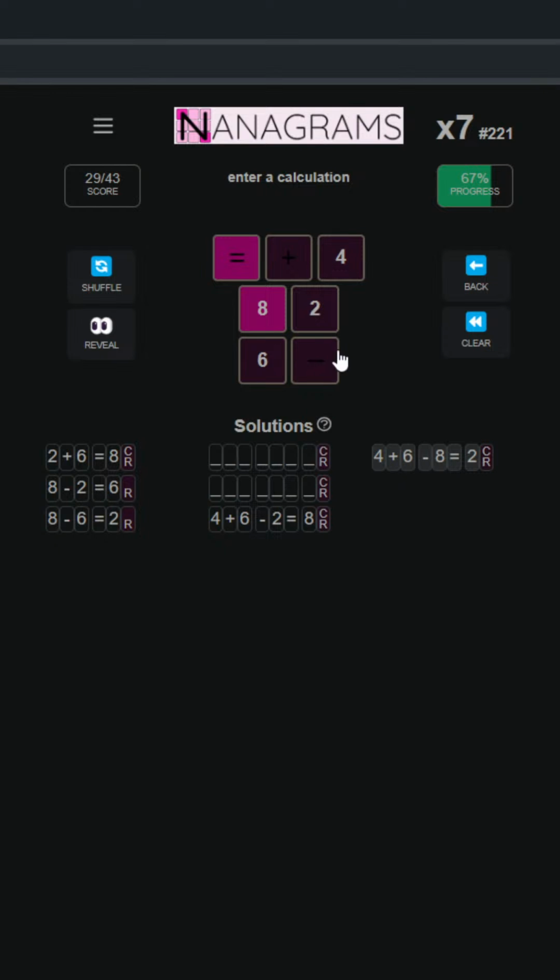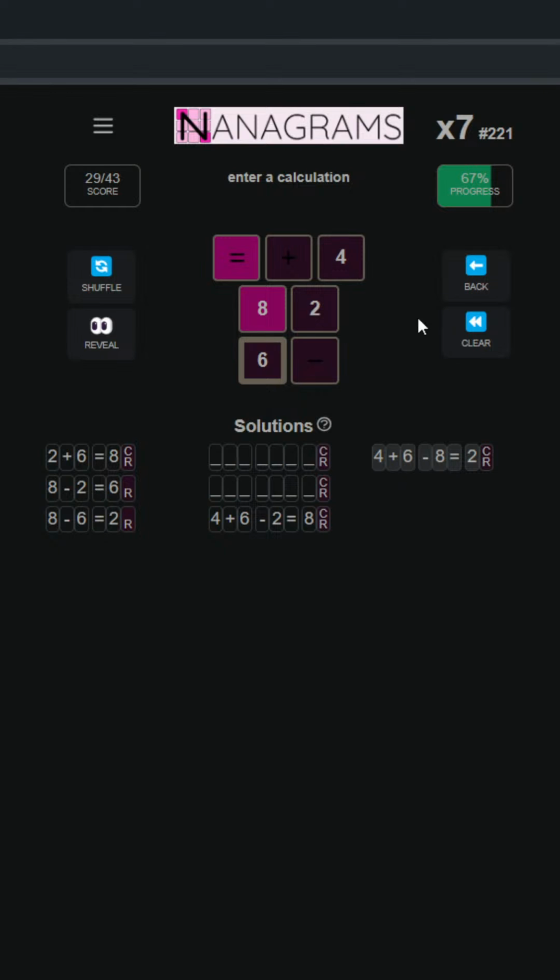Have we done 4 minus 6 plus 8? No. 4 minus... What about 2 minus 8? That's negative 6 plus... No, that doesn't really do much. We can't do 4 minus 8. We can't do 6 minus 8.